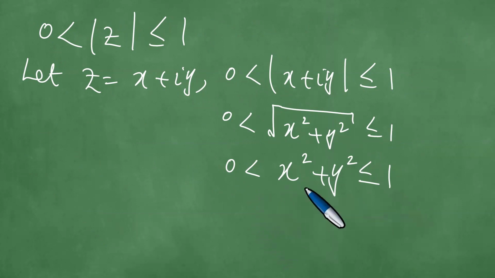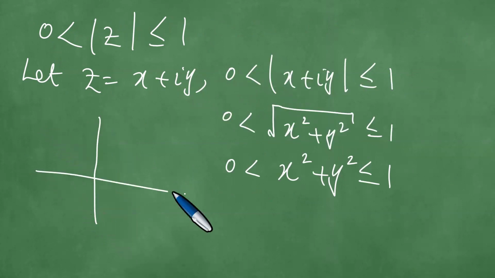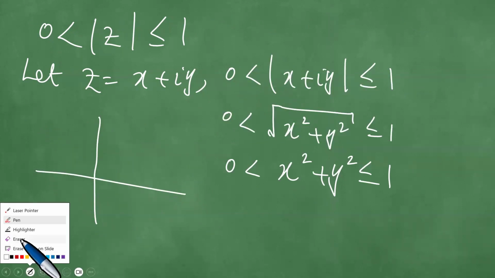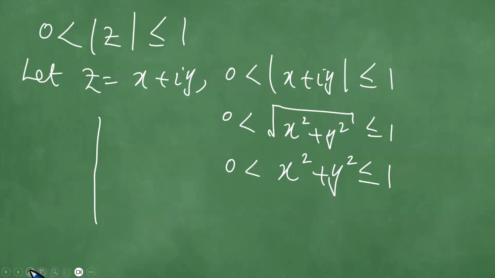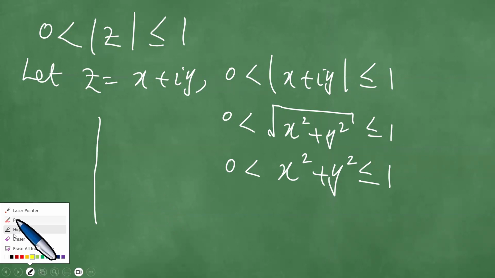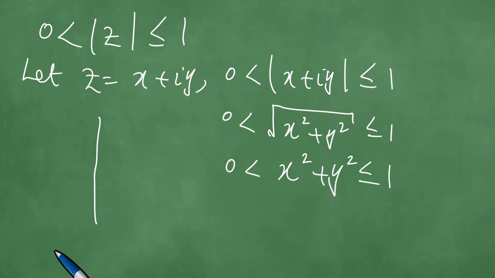Now this one we can sketch using metric knowledge. What kind of a sketch is this? It looks like something we call an annulus, but it is not an annulus.